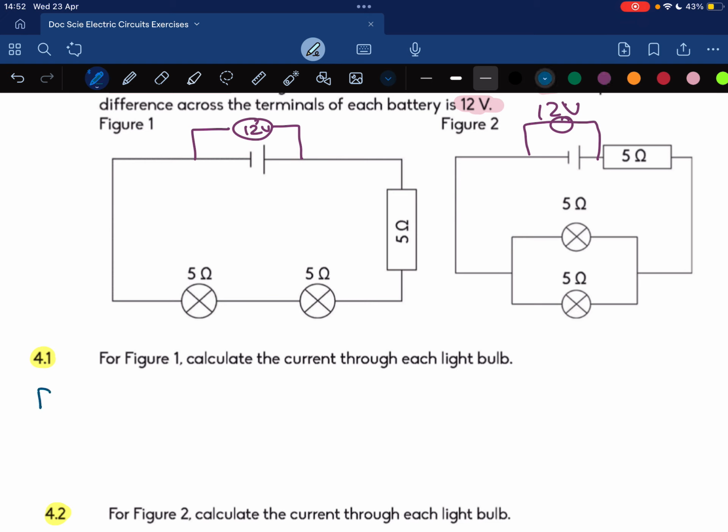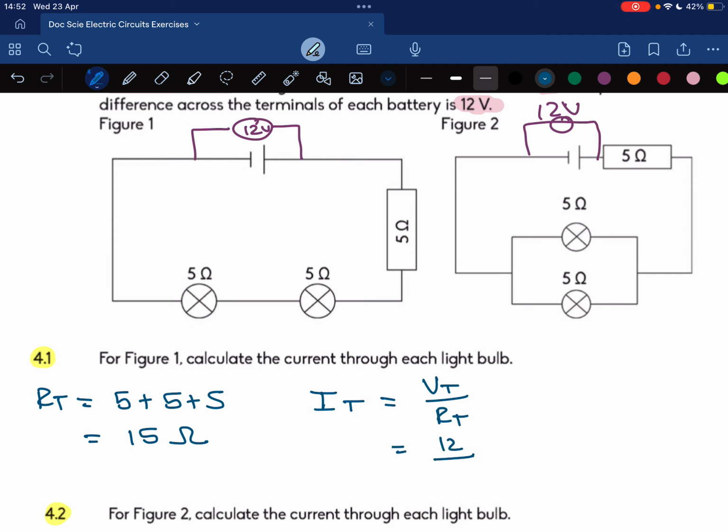R total is going to be equal to 5 plus 5 plus 5, which is going to be 15 ohms. Okay, easy enough. Then the total current going through each resistor will equal the total voltage over the total resistance, which is just 12 divided by 15, which is going to be 0.8 amps.